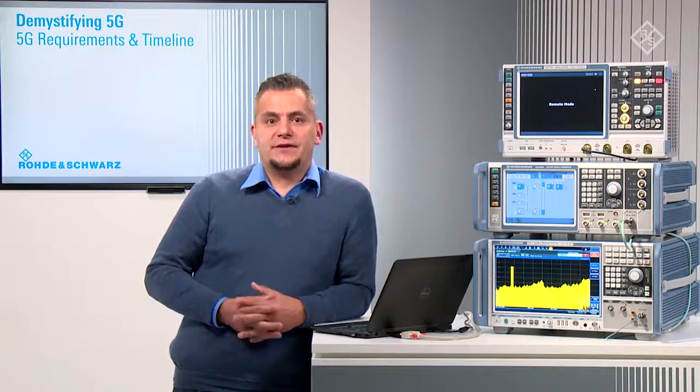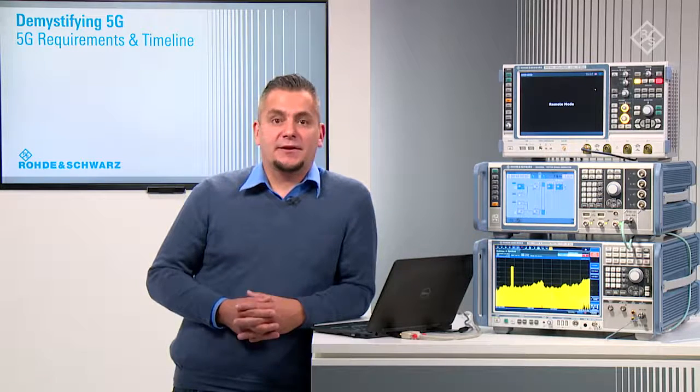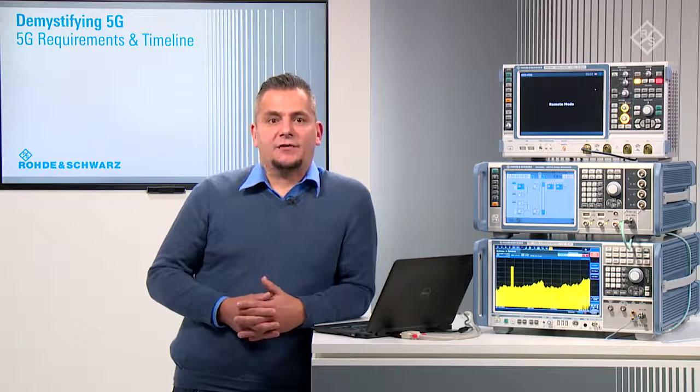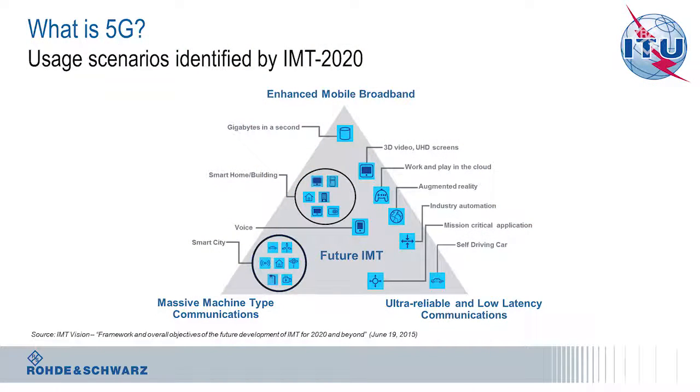For 5G, there's now a program called IMT 2020. 2020 because it is anticipated that by 2020, so in 5 years from now, there's a first rollouts of 5G networks. Within this program, certain high-level requirements were identified and can be organized in 3 major categories.